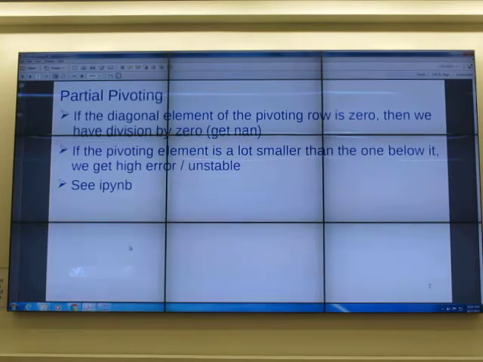So now you understand the concept idea. Partial pivoting. Pivoting this way: if the diagonal element of the pivoting row is 0, then we have division by 0. We get not a number, not good. If the pivoting element is a lot smaller than the one below it, we get error or instability.